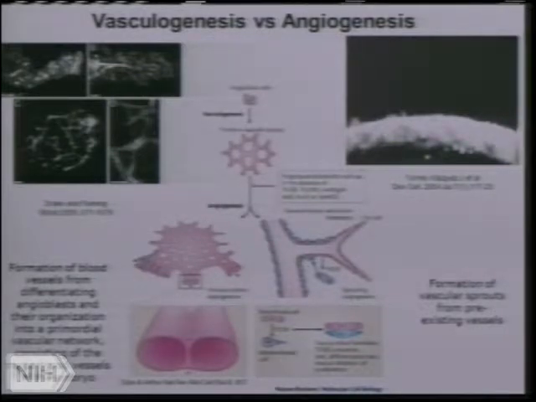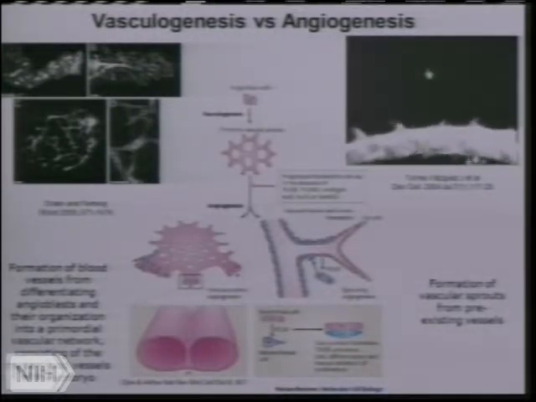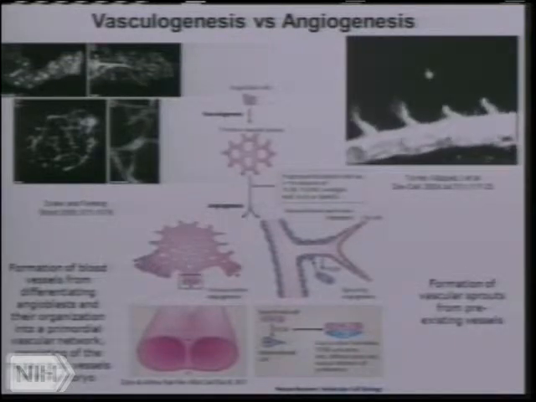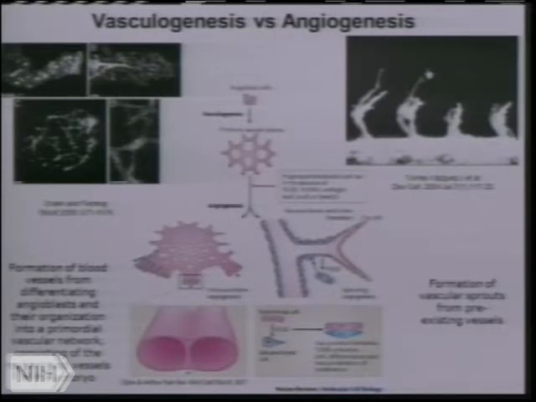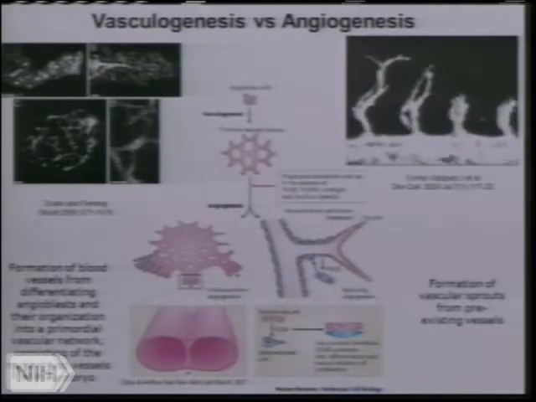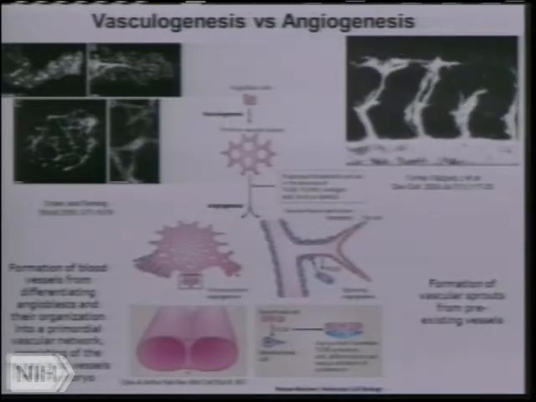And I have a little video here which demonstrates that. This is from a publication, some studies done in zebrafish. Here you can see a vessel, and you can see how additional vessels grow during embryo development of the fish. So this is what we call angiogenesis.